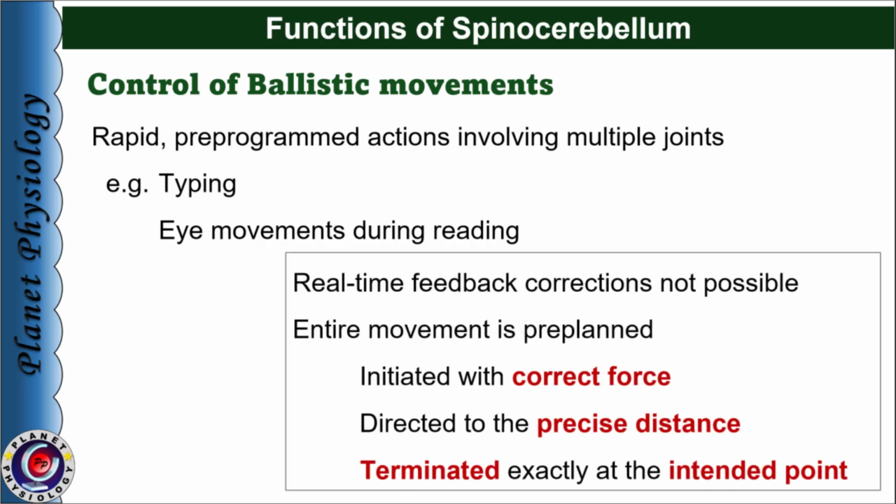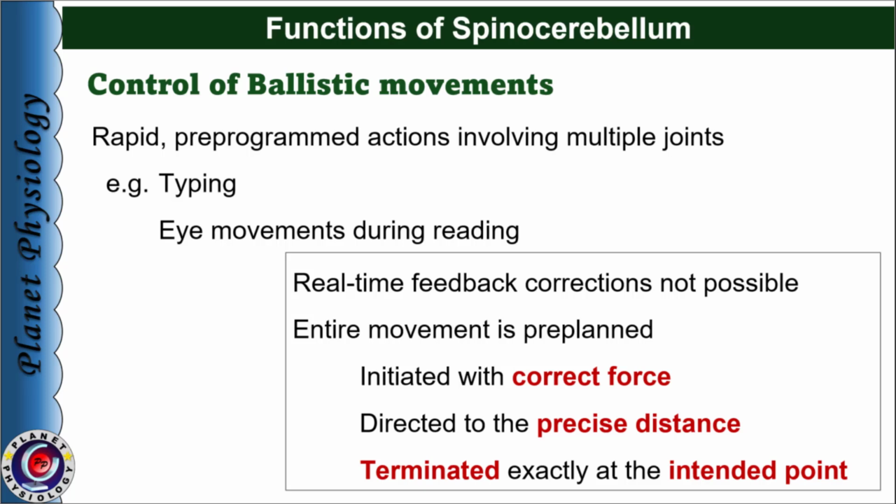These actions occur so rapidly that real-time feedback corrections by the cerebellum are not possible. Hence, the entire movement is carefully pre-planned and initiated with correct force, directed to the precise distance, and then terminated exactly at the intended point. This type of pre-planned rapid movement is what we call ballistic movement.